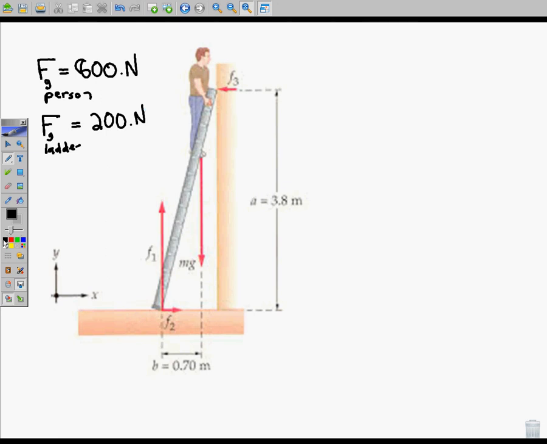We're given some distances down here: 0.70 meters from the base to the line of action from the person, and from the top of the ladder to the floor is 3.8 meters.